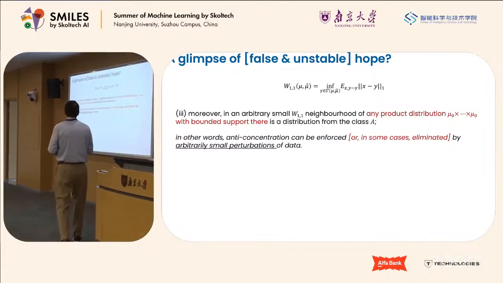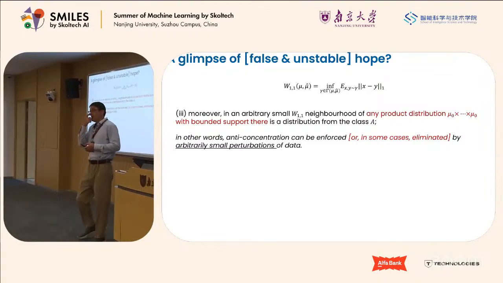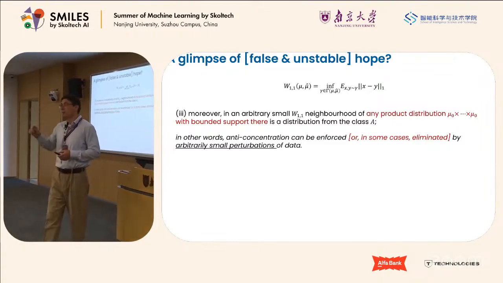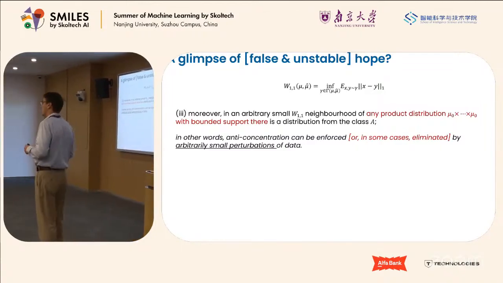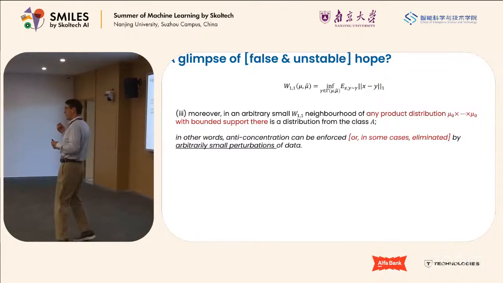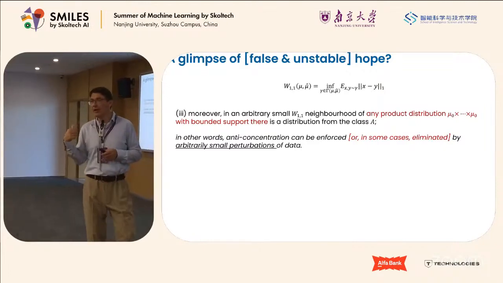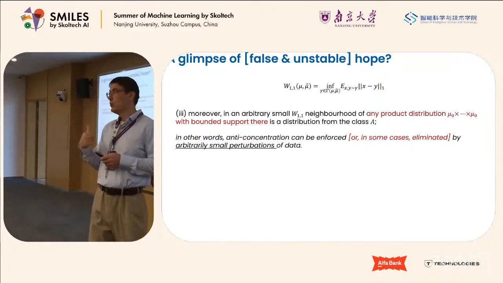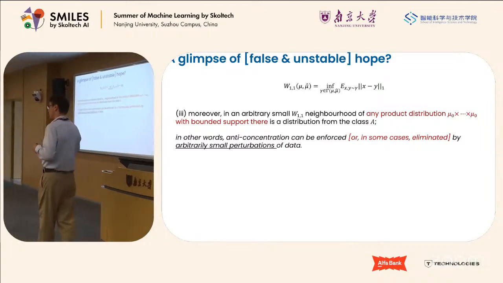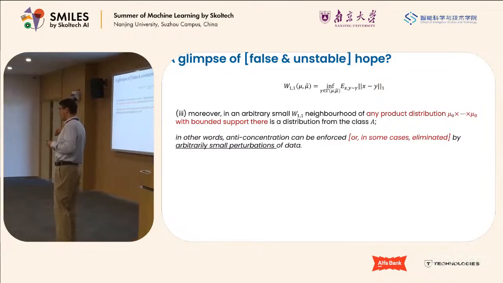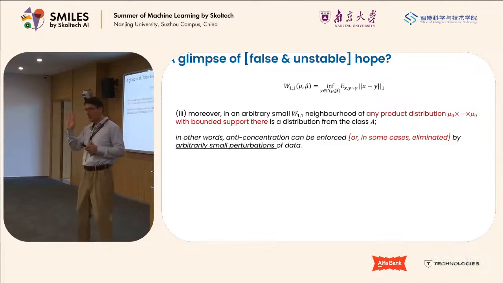And then there is another effect, which is a consequence of the two. Suppose that you have data, let's say, from a good distribution without atoms, right? What I'm trying to say is that in some small neighborhood of that distribution, there will be another distribution for which anti-concentration takes place. Isn't it weird? Let me rephrase it.